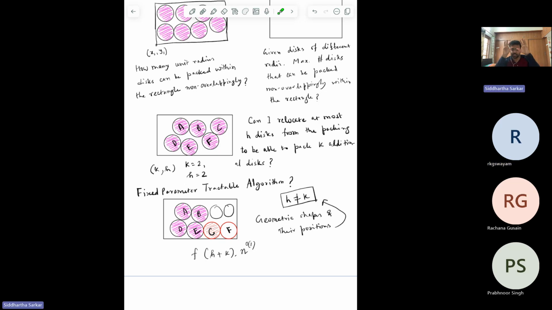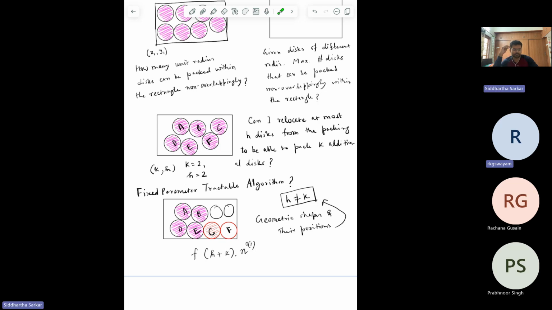Yes, but then you have to also ensure that there is no overlap. This is just the initial screening, checking whether there is some leftover area.